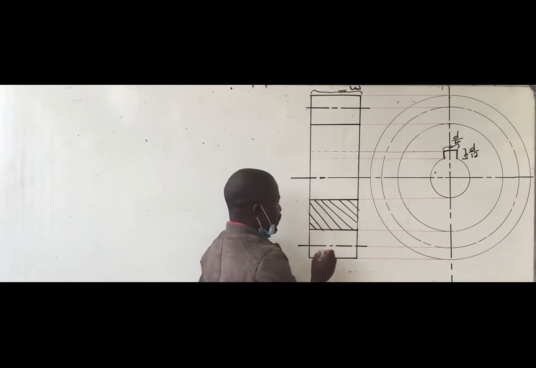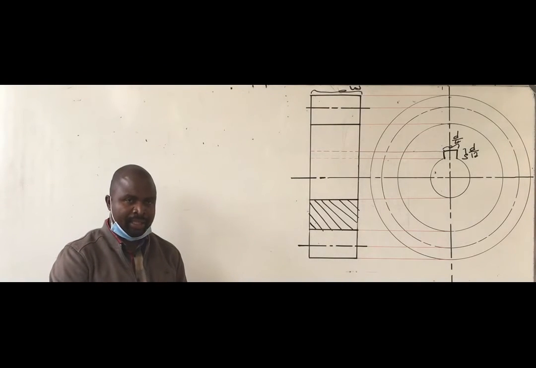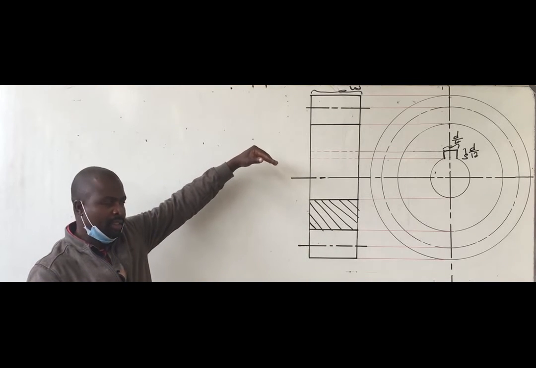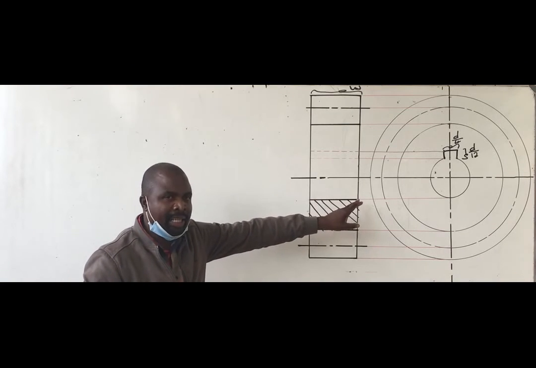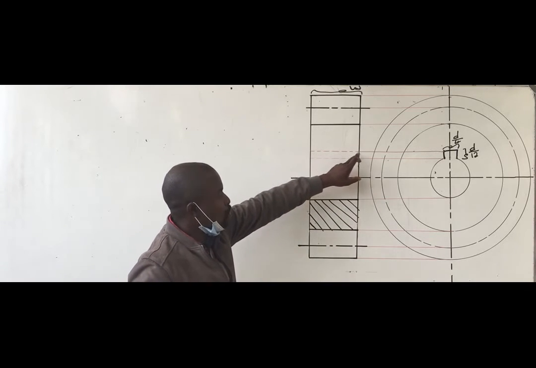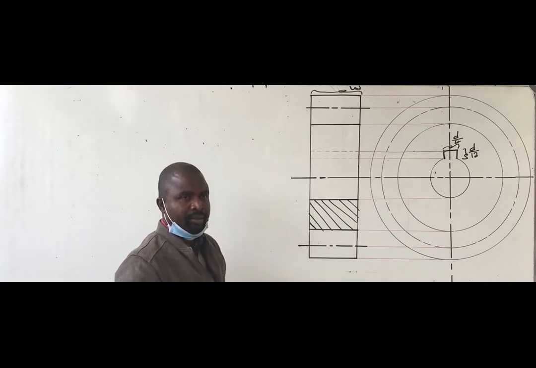That is the position in which you section. This is a bottom half in section. Vice versa, if they want you to section only top half in section, this one will remain dash line and here they won't be sectioning. These two, you make them solid. Then you section. You understand?